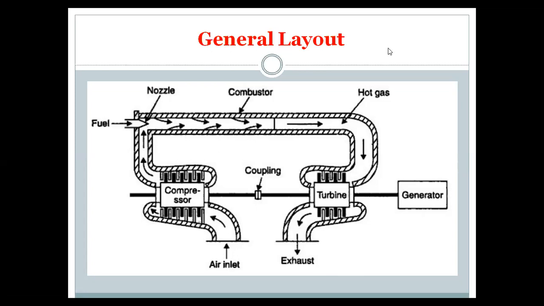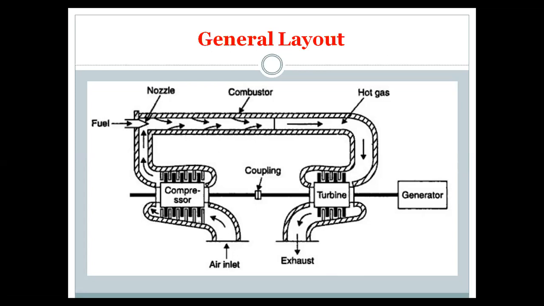When we go for a multi-stage compressor, the stresses induced are less, and due to multi-stage we get more compressed air at the exit. That's why, to improve the efficiency, we go for multi-stage compression and expansion of working fluid.